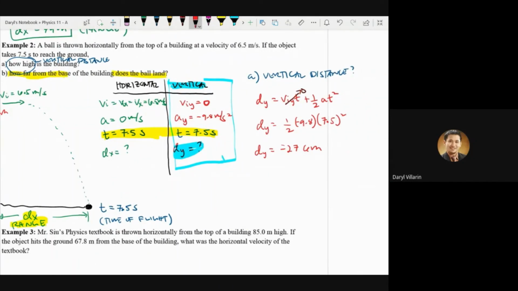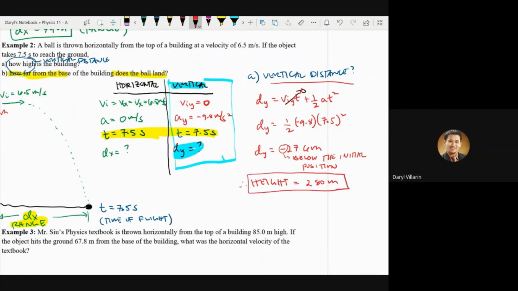The negative sign only indicates that it is below the initial position. But then again, for vertical distance, it's just the magnitude. So I would say height is equal to, with 2 sig figs, 280 meters.